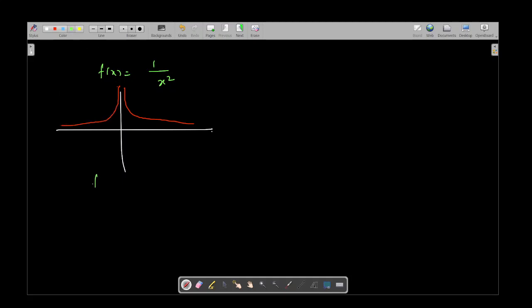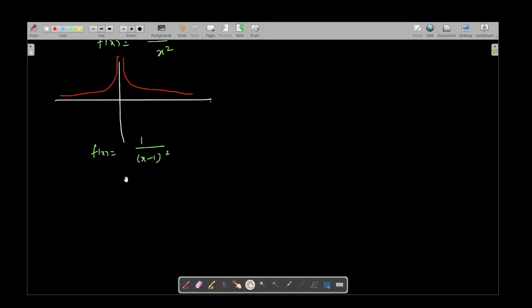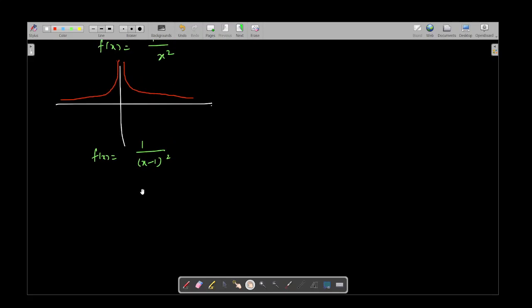Similarly, if I have f of x equal to 1 by x minus 1 whole square, how does the curve look? The curve will look like this. At x equal to 1, it is infinity.